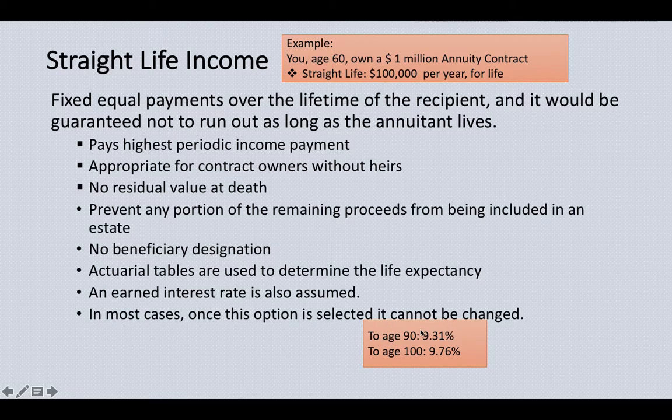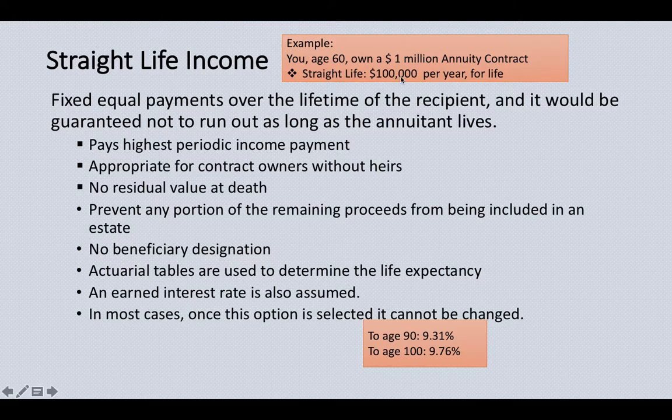That's your annual interest rate. If you live to 100, the interest rate is 9.76%. So you can see the longer you live, the more beneficial it is.